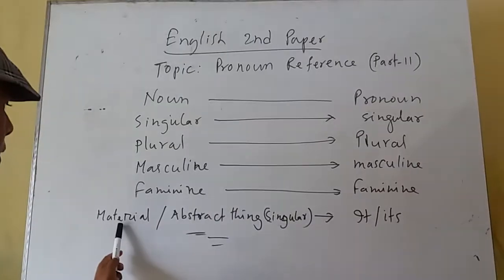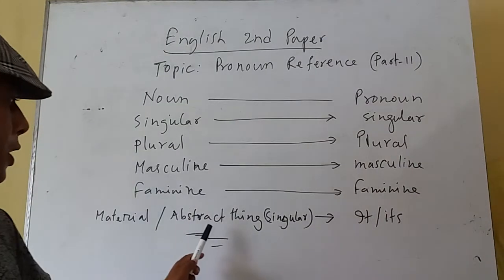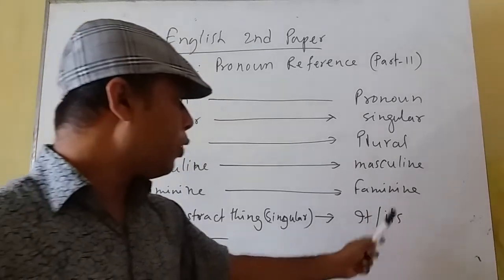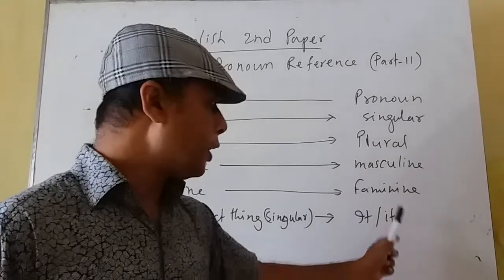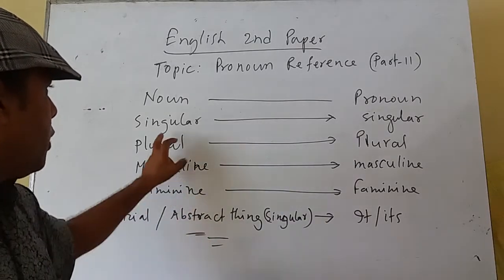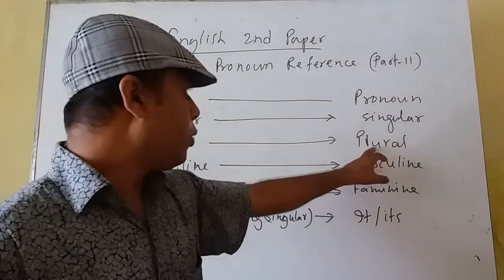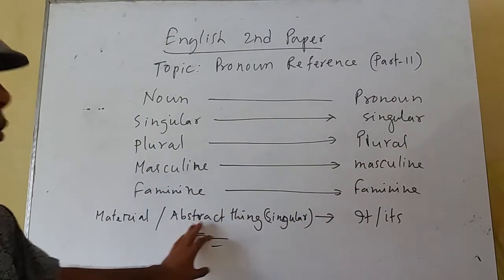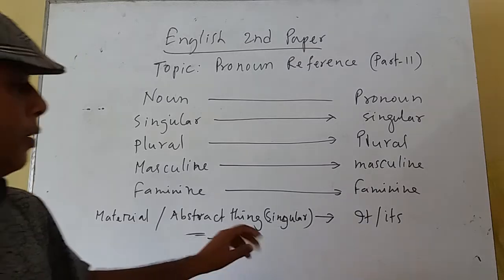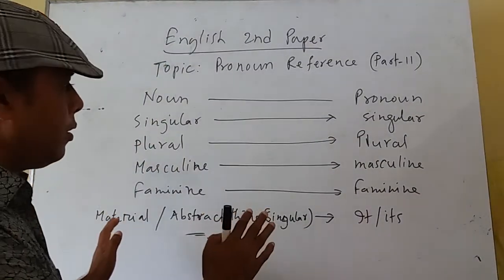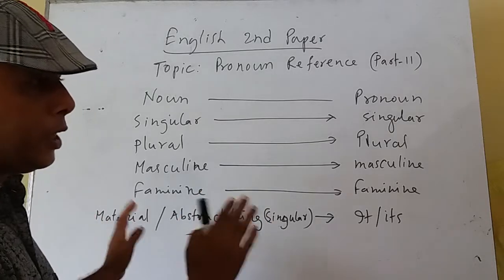If the noun is material or abstract and singular, then pronoun will be it or its. If the noun is plural, pronoun will be plural, even if the things are material or abstract. You have now understood these things, I think.